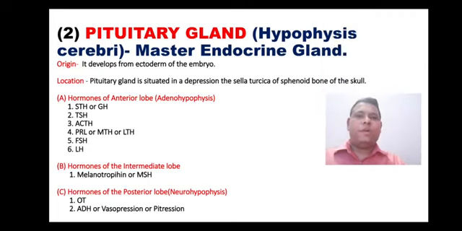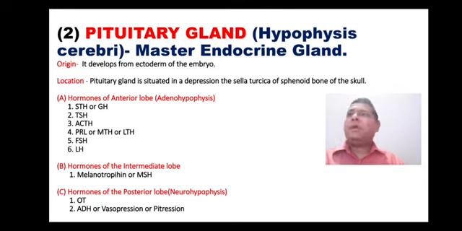Number 2, endocrine glands known as the pituitary gland. The pituitary gland is the hypophysis cerebri and the master endocrine gland. Location and origin: it develops from the ectoderm of the embryo.